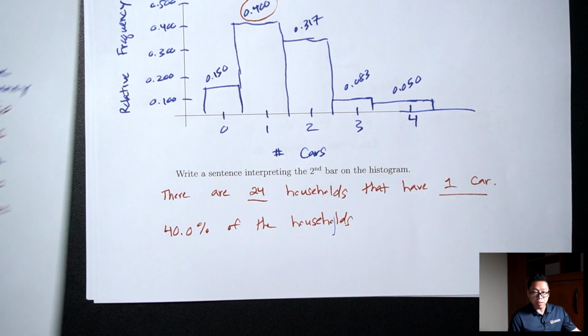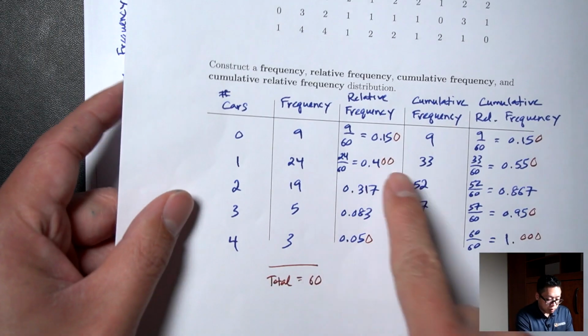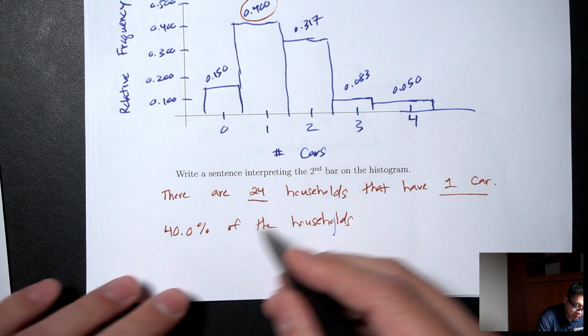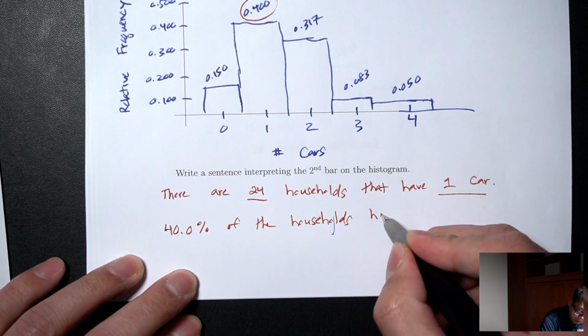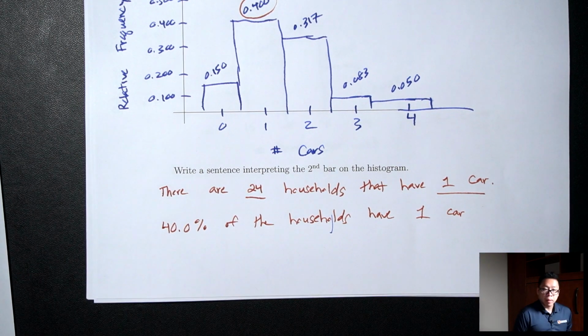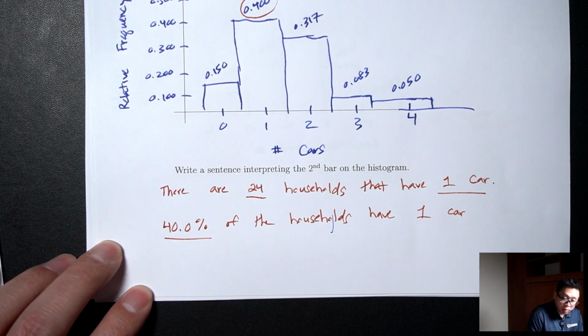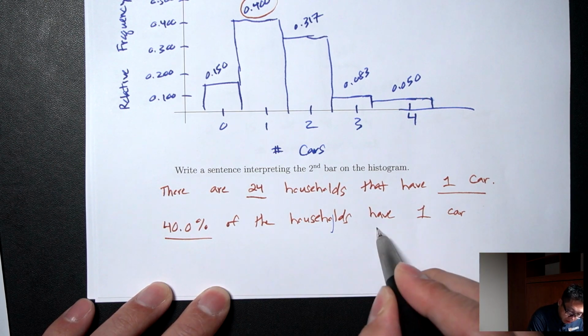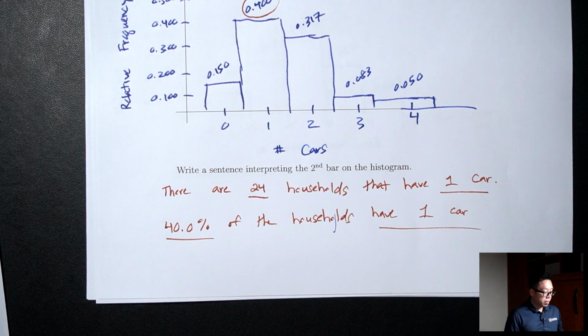And what's special about these 40%? These 40% have one car. 40% of the households have one car. So I'm looking for the 40% that you converted to a percent, and then what's special about the 40%? They have one car.